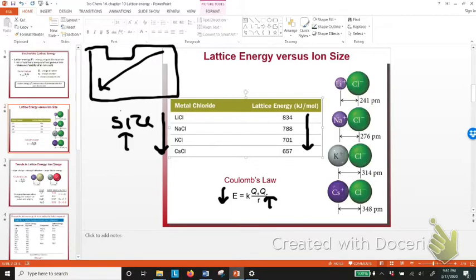As you're going down the column, the cations are getting bigger while the anions are staying the same, and that decreases the lattice energy. What's important to note when you're trying to compare lattice energy is that one of the ions will always be the same, like chlorine in this case, so that you only have to look at the atomic size of one, or it'll be something where the size of both indicates the lattice energy increasing, so it'll be clear what the trend is.